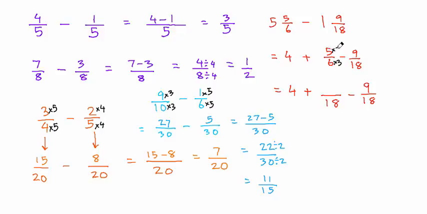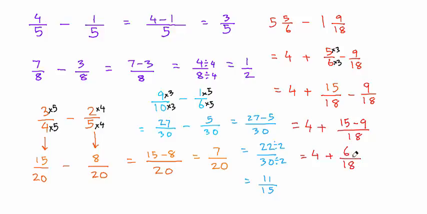Therefore, do the same on the top. 5 times 3 is 15. So 5/6 is the same as 15 over 18. So in the next step, we could have a 4 plus, combine these two, 15 minus 9, is equal to 4 plus 6 over 18.